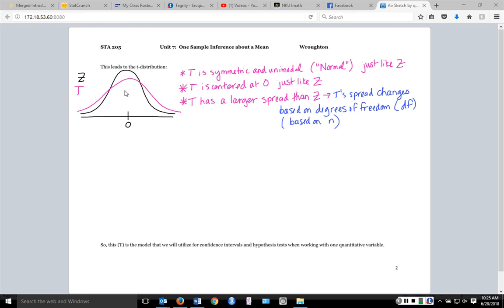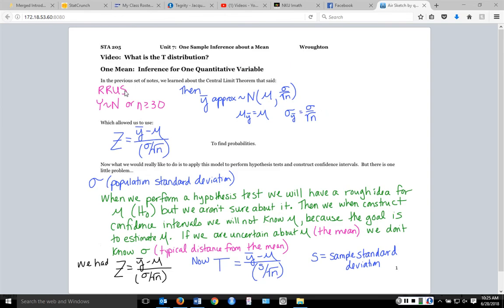So let's talk about why T's spread changing might happen and why sample size plays a role. Going back and looking at my formula I have down here, Z and T look a lot alike. I'm taking this population standard deviation and replacing it with a sample standard deviation. And again, hopefully that seems like a pretty reasonable thing to do.